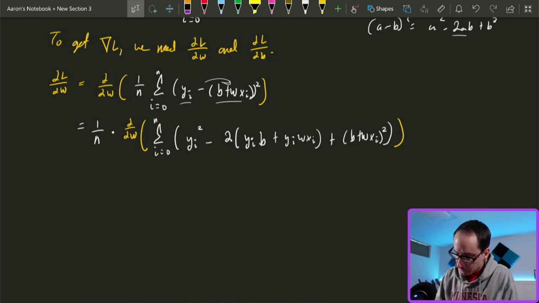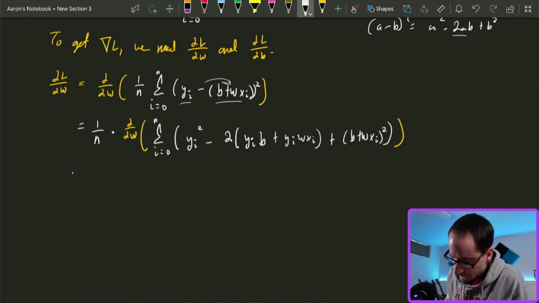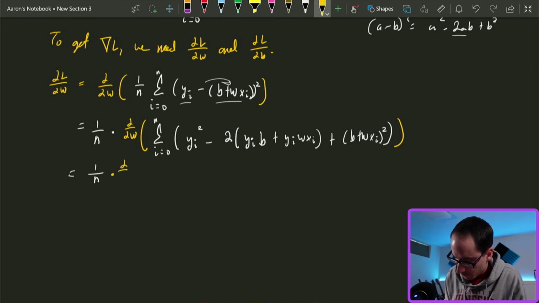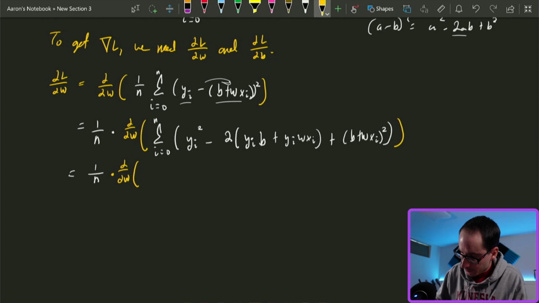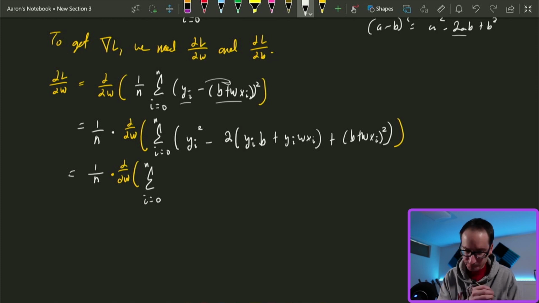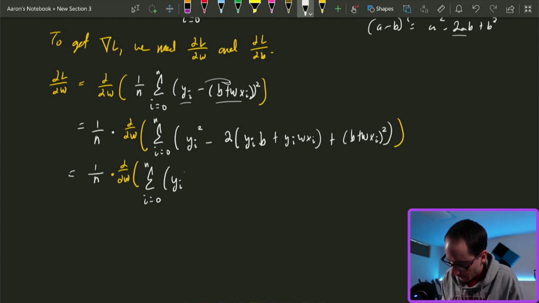Where are we now? Let's clean this up a little bit more. 1 over n times the partial with respect to w, and then the sum from i equals 0 to n. And let's clean this up a little bit. So we've got the yi squared. We've got minus 2yib, so distribute that.